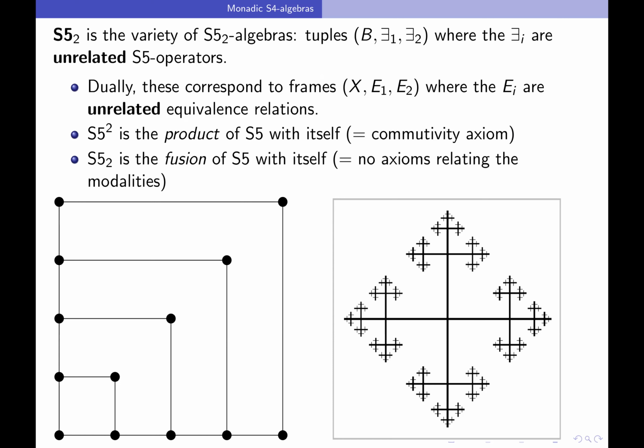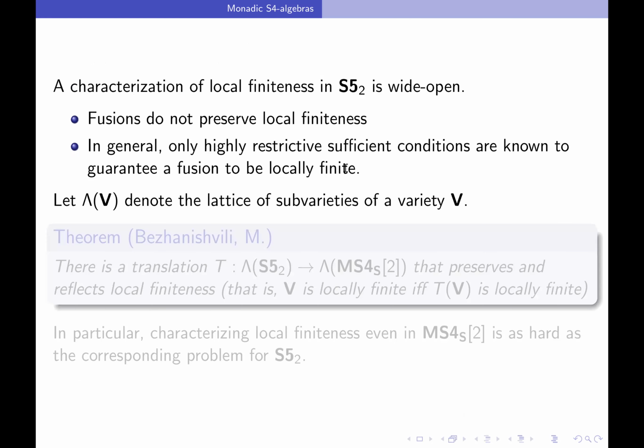So every vertical line in these pictures is an equivalence class of E2, and every horizontal line is an equivalence class of E1. And that's kind of how these things work. You can see in these pictures that the relations don't commute.